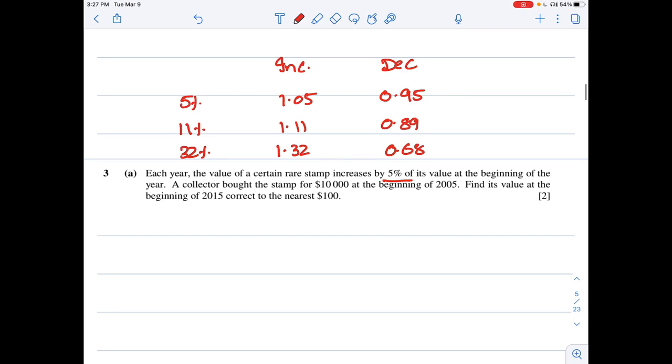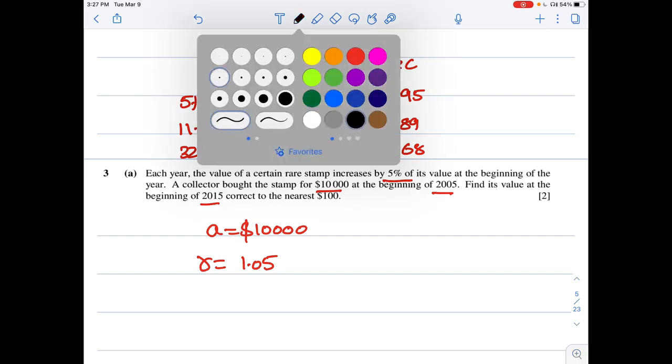The collector bought a stamp for $10,000 at the beginning of 2005. Find its value at the beginning of 2015, correct to nearest thousand. So I am going to write common ratio is equal to 1.05 and first term is equal to $10,000. So what is the value at the end of 2015? So how many years? For that we shall check carefully.